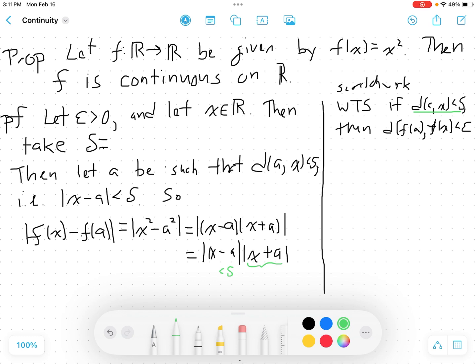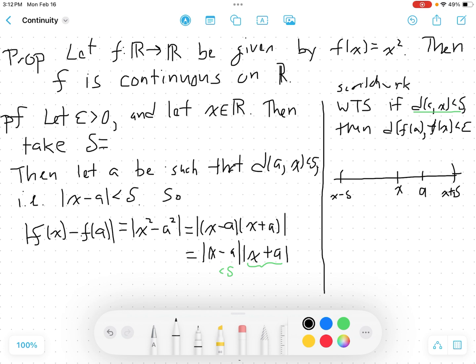So we've got this idea. We know that we've got our point x here. We've got the interval x minus delta and x plus delta. a is in this interval somewhere. We want to figure out some way of putting some sort of bound on x plus a.